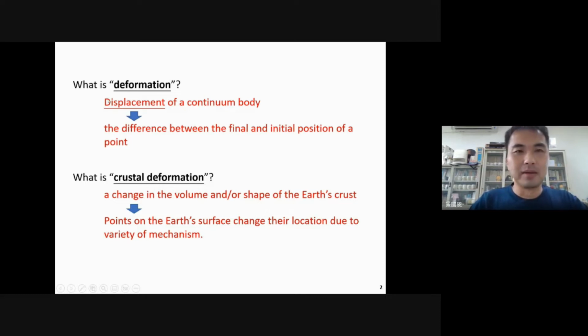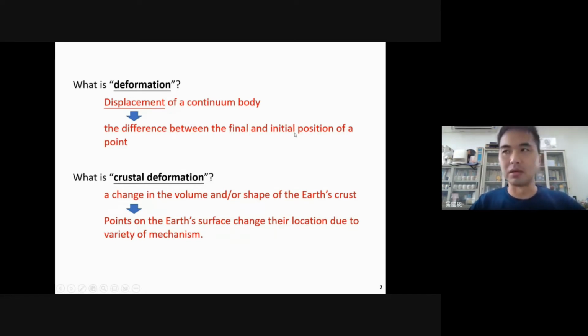So we find another term, displacement. Most of you probably understand displacement: it is the difference between the final and the initial position of a point.